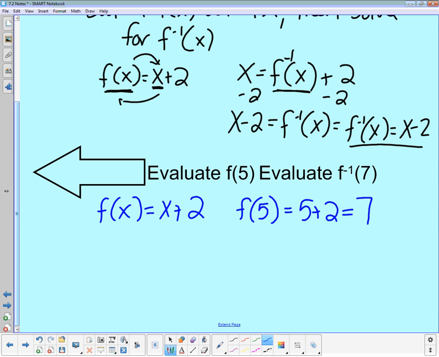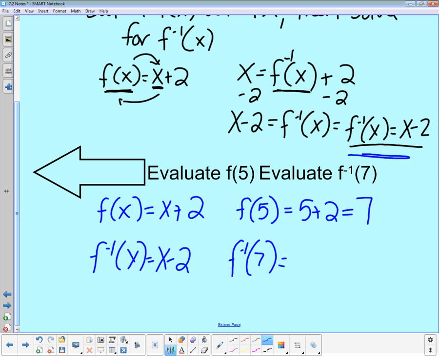We found that f inverse of x is equal to x minus 2. So f inverse of 7 is 7 minus 2, which is equal to 5. Notice how f of a is equal to b, and f inverse of b is equal to a. We really just switched our 5 and 7 around.